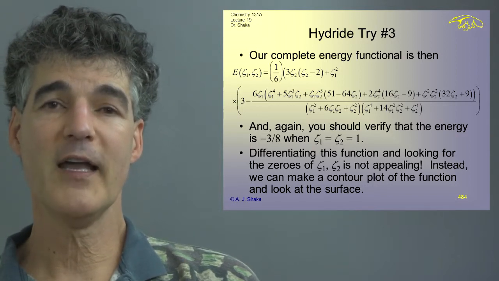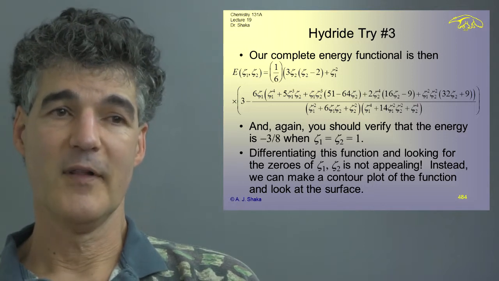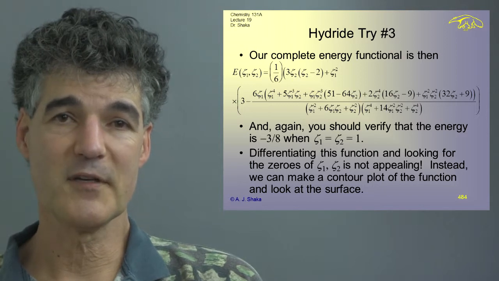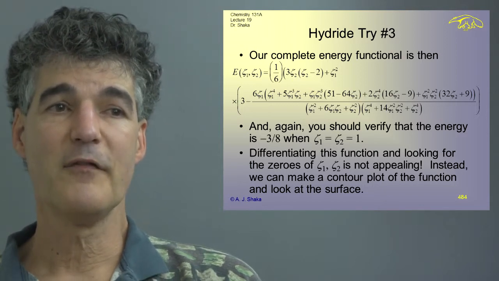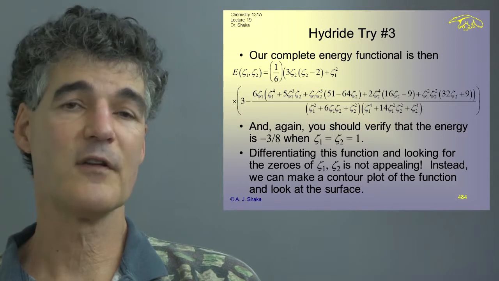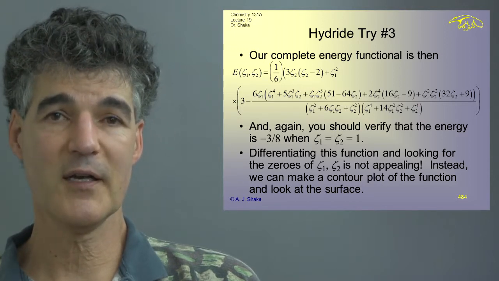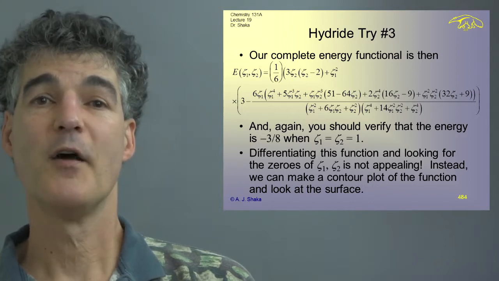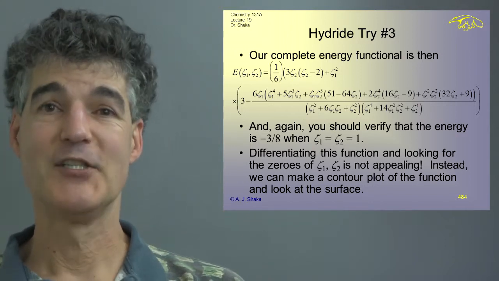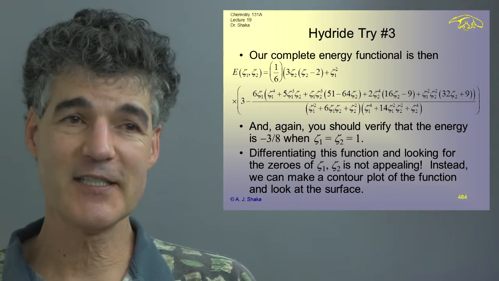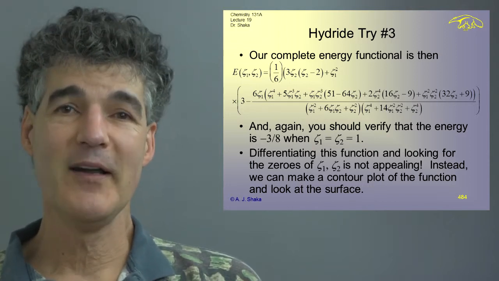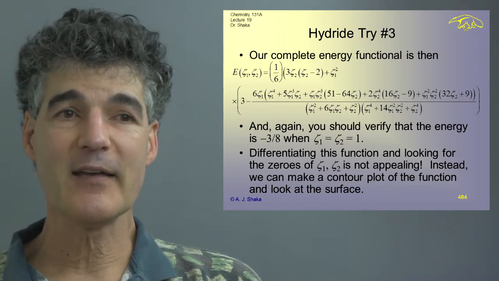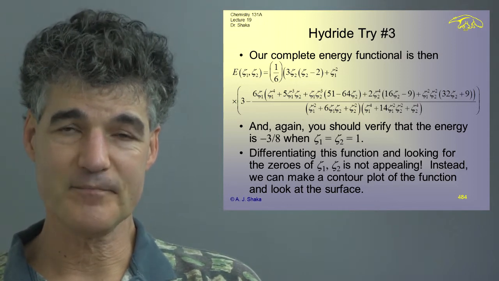And you can verify again, luckily substituting zeta equals 1 for both of them is not too hard to do, that if you go ahead and substitute in for the total energy and put zeta 1 equals zeta 2 equals 1, you get minus 3/8. Perfect. Just exactly what we got the first time. So now we've got this magic formula. It seems to be right. Boy, does it look complicated.